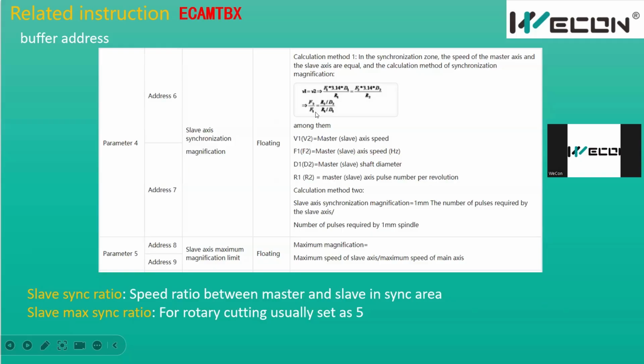For example, if you calculate parameter 4 by some variable, then this parameter will take effect. But if you directly set the detailed ratio in parameter 4, then this parameter will not take effect, because parameter 5 is just to make sure the sync ratio will not be bigger than 5.